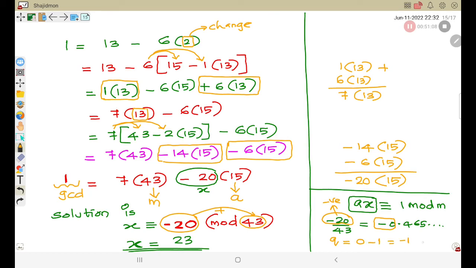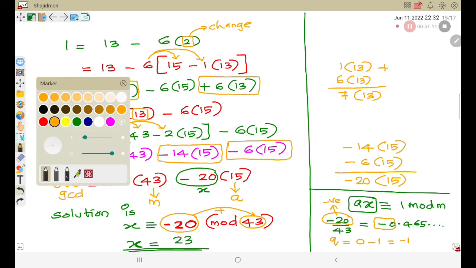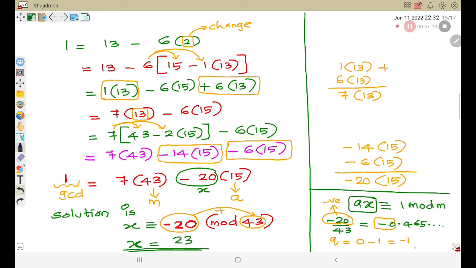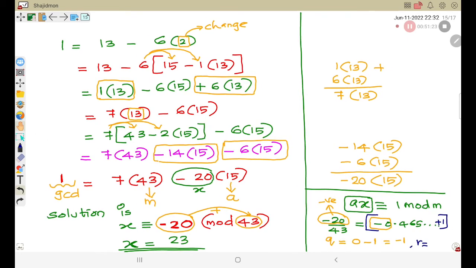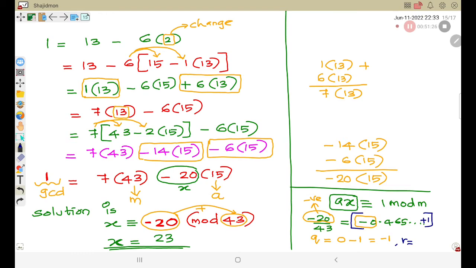So minus 1, correct. Now when we are calculating the remainder, remainder equals the opposite of the quotient. So opposite of minus 1 is plus 1, multiply the divisor number. What is the divisor number there? 43, correct?